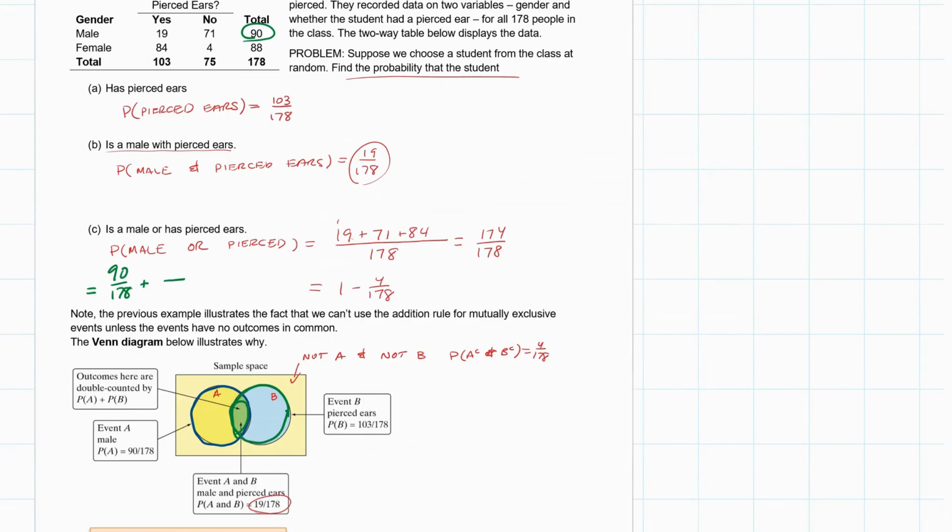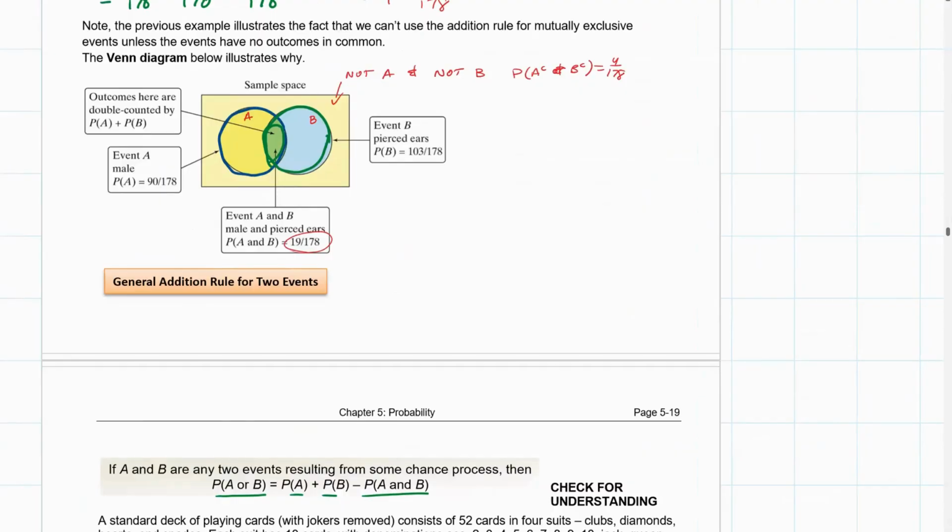The probability of being pierced is 130 out of 178. But we just have to subtract off the 19 that are both male and pierced. And that will also get us to the 174 out of 178.